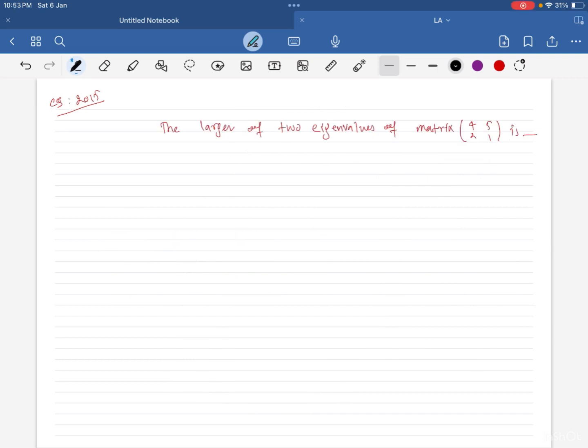Let's move on. This question asks for the larger of the two eigenvalues of this matrix. So which one would be the larger eigenvalue?